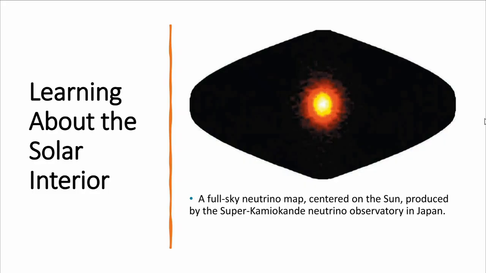We've detected a couple of other neutrinos from things that are not the sun, most notably a supernova in 1987, and that was really the first time we had detected light from a supernova and neutrinos from the same event. So really the sun just dominates all of the sky in terms of neutrino detections.